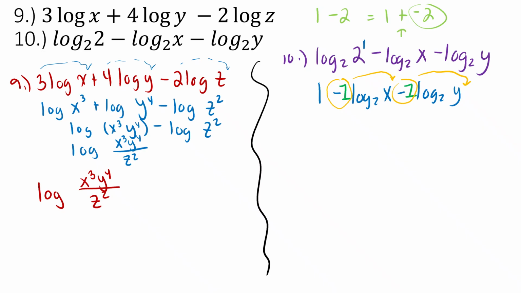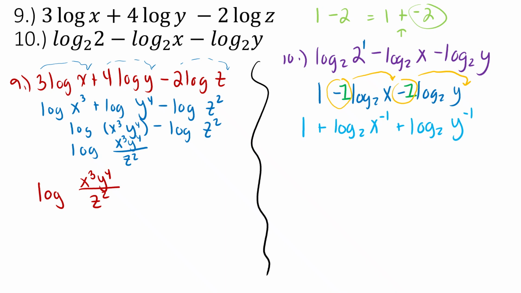So this would then become 1 plus log base 2 of x to the -1 plus log base 2 of y to the -1. What that does is it gets rid of the subtraction, so that when I do the collapsing, I am not dealing with multiple divisions.